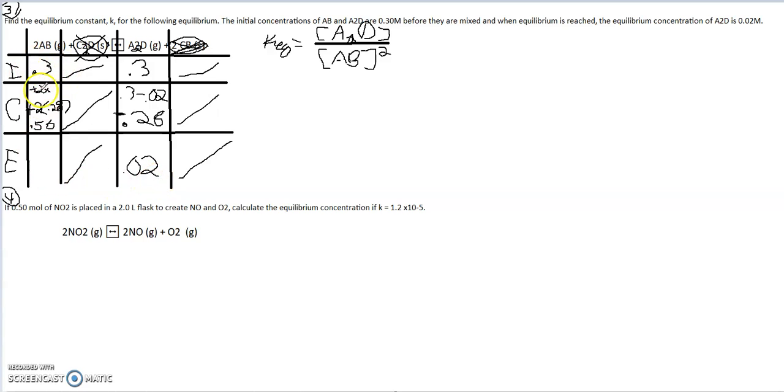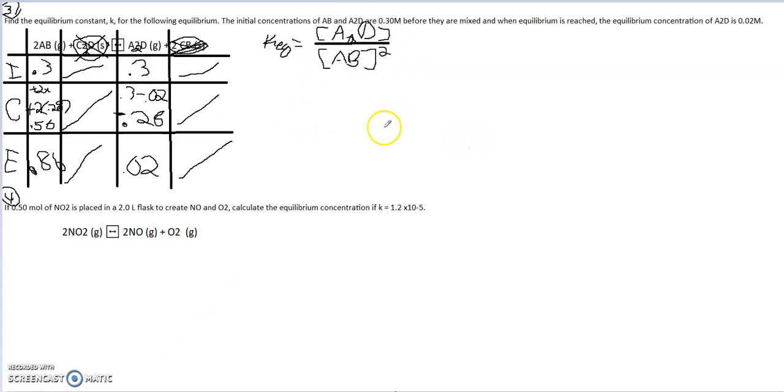So if we total 0.3 plus 0.56 over here, we end up with 0.86. So we put that answer here. So this is 0.86, which is good for us because now we know what our equilibrium concentrations are. So now we can go and fill in this equilibrium expression.